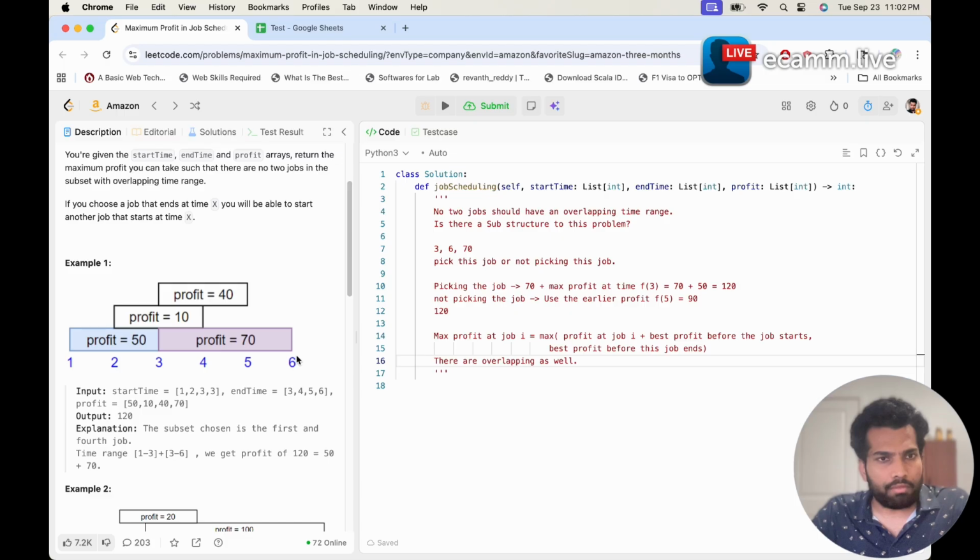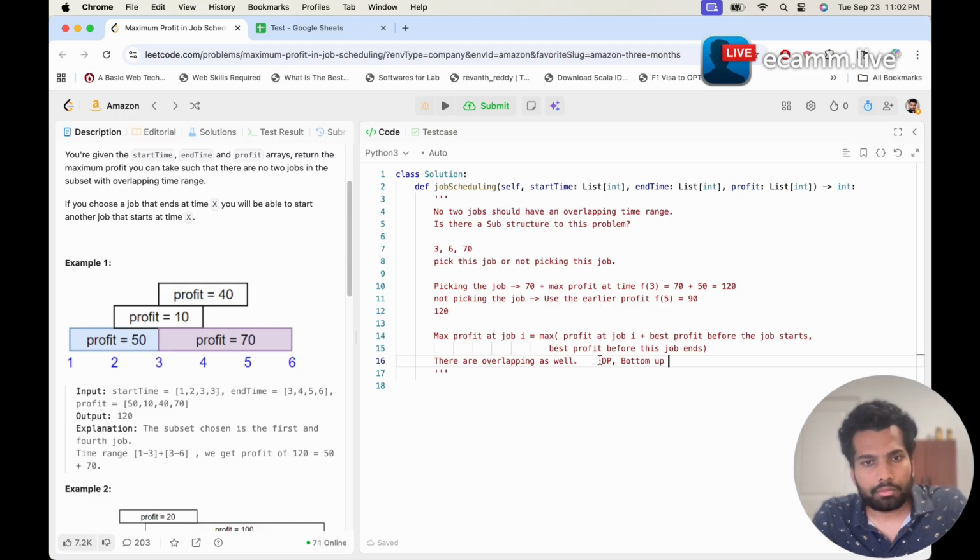So you will have overlapping subproblems, because when you're calculating the maximum profit for the job 3 to 5, you will need the answer for f of 3. And again, when you are calculating the profit for 3 to 6, you again end up calculating f of 3 again. So there are overlapping subproblems, which means you can solve this using the DP approach, preferably bottom up.